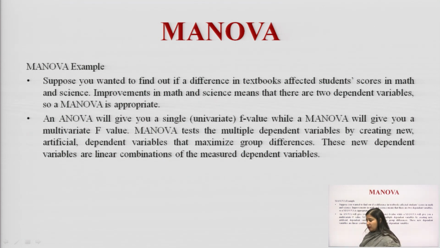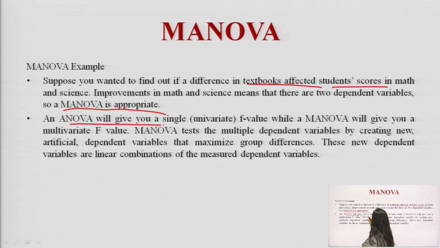Suppose you want to find out the difference in how a textbook affected student scores in maths and science, meaning how the textbook affects the scores of maths and science. Suppose improvement in maths and science means there are two dependent variables, the marks of science and the marks of maths. If there are two dependent variables, then MANOVA is the appropriate method, and the MANOVA will give you a single or univariate F value.